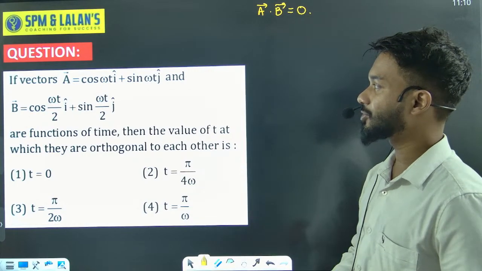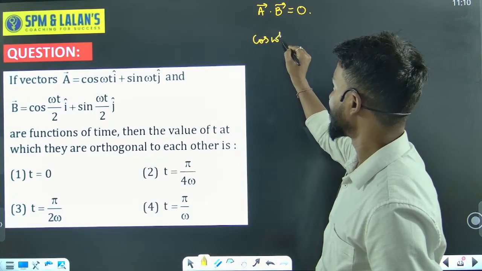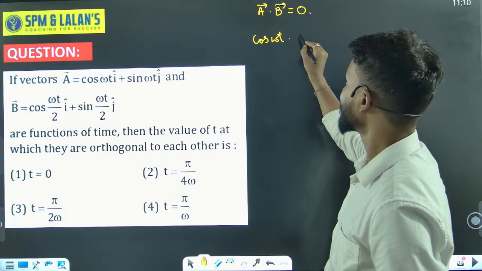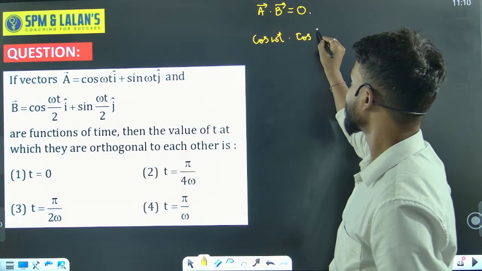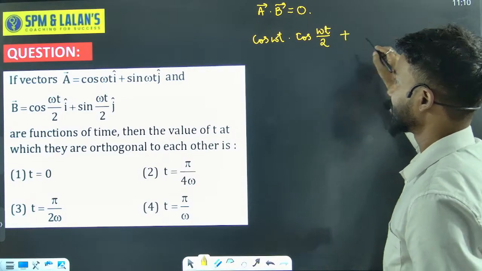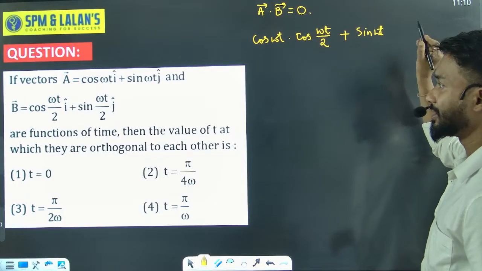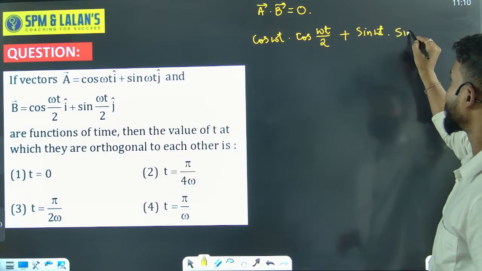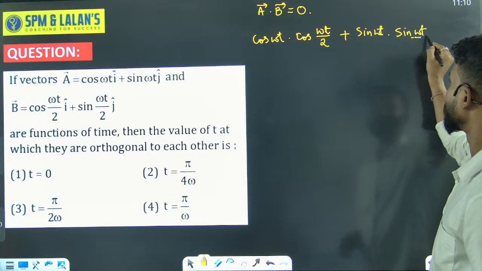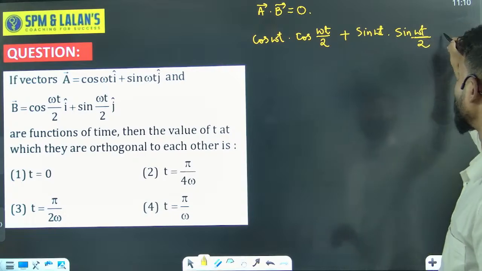If I find A dot B, that will be cos omega t times cos omega t by 2 plus sin omega t times sin omega t by 2, and that should be equal to 0.